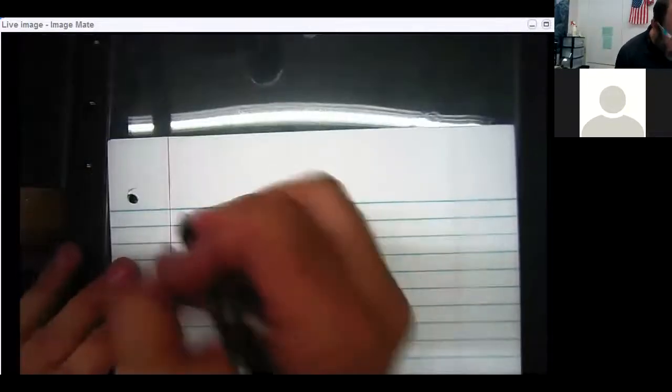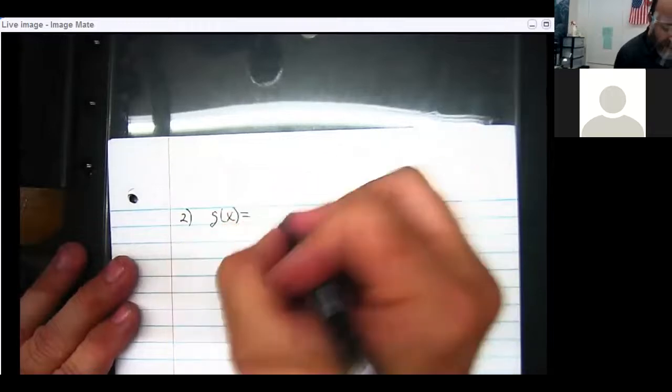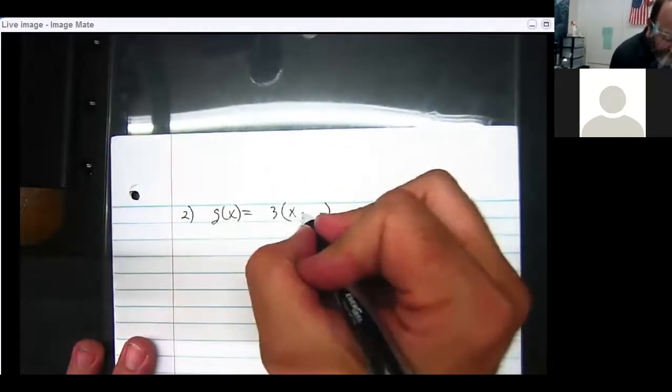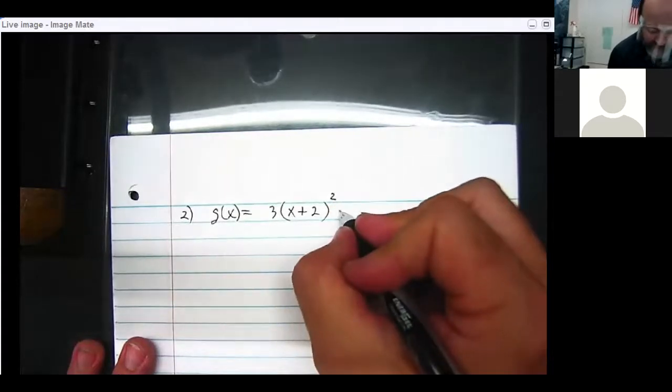Now, I want you to follow the same logic that I just used. So your turn is to do g of x. You're going to do 3 parentheses x plus 2 quantity squared minus 11.